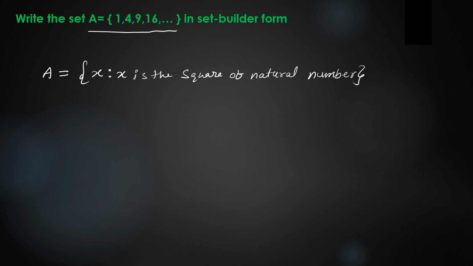Or can we write, we have another option: A is equal to x such that x is equal to n square, where n belongs to Z or else N. Okay, both are right.